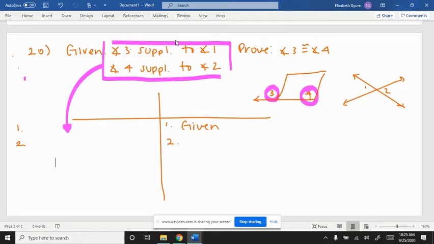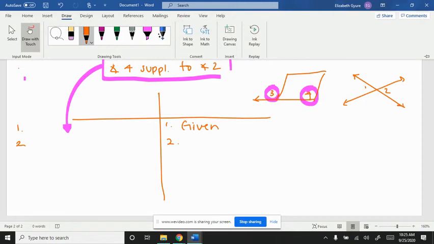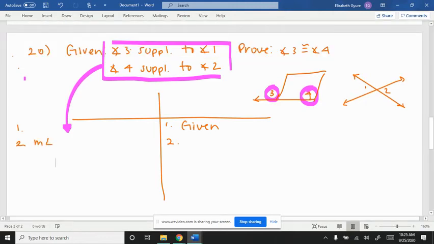Good. And since it's an equation, what do my angles need in front of them? What little letter? The M for measure, right? Because we're talking about measurements. So good. We would have the measure of angle 3 plus the measure of angle 1 equals 180. Could I then do the same thing for 4 and 2? Can I do it in the same step? Sure.